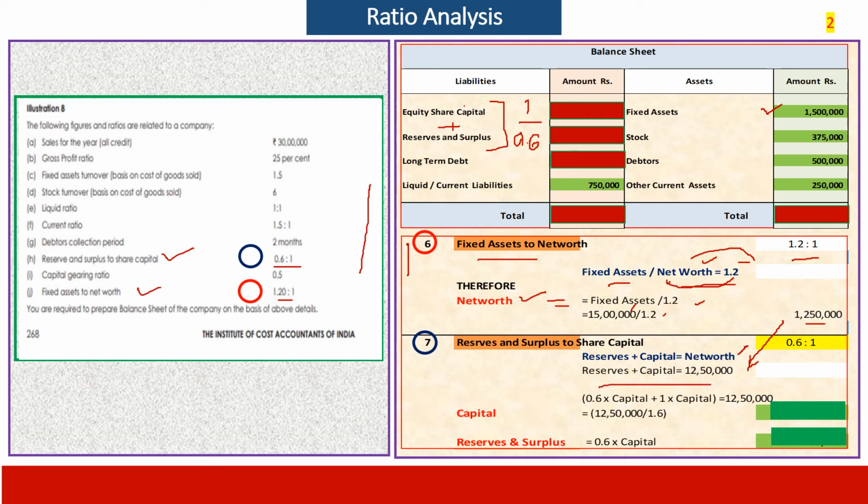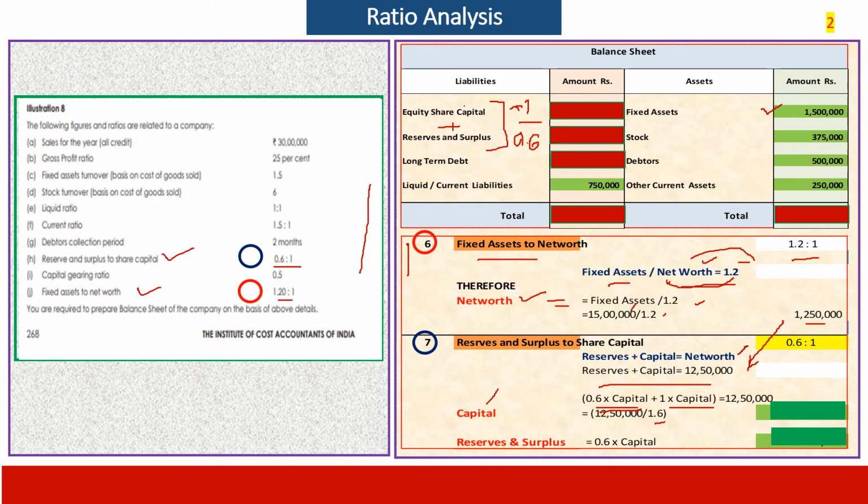And as per the ratio, what it says is net worth equals 1 into capital, and what is reserves? Reserves is 0.6 of capital, means capital plus 0.6 of capital is equal to 12,50,000. 0.6 capital and 1 capital means total is 1.6 capital.